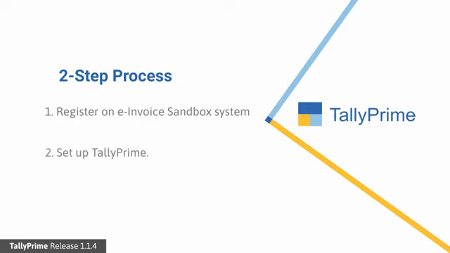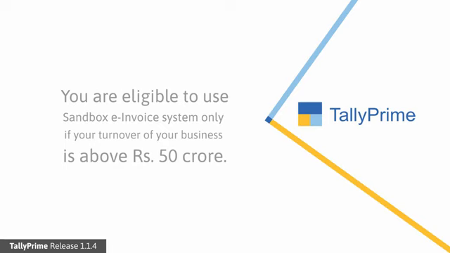The first step is a one-time registration for generating sandbox credentials on the e-Invoice API testing system. Before you proceed, it is important to know that you can generate your sandbox credentials only if your business is eligible for e-invoicing with turnover exceeding Rs 50 crore, which is the eligibility criteria.